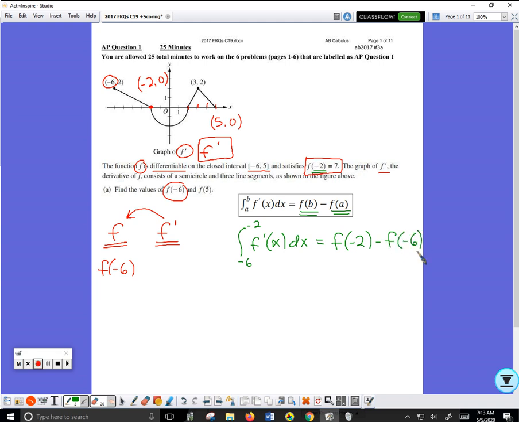Crucial that you note this is f prime, this is f. So now rearranging, we're going to find that f of -6 must equal f of -2 subtract the integral from -6 to -2 of f prime.